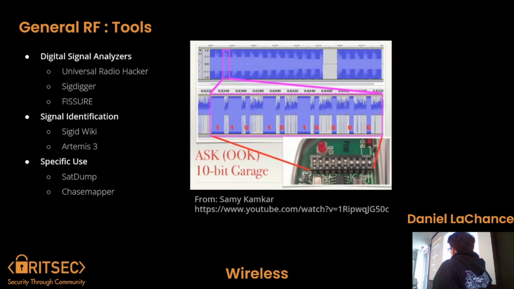And this is an example from Sammy Kamkar, I would highly recommend checking him out. He's a very good security researcher in the wireless field. And he did this lab, or experiment, I guess you could say, with a garage door opener. So there's a 10-bit garage door opener. And every time you hit it, it transmits just this binary.